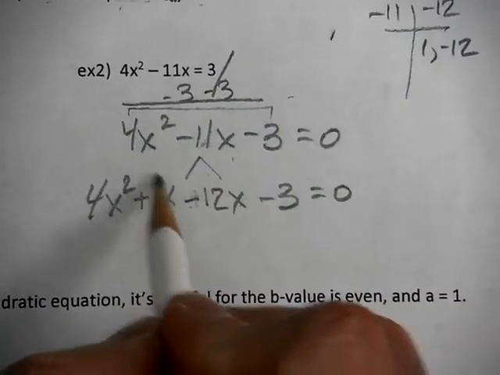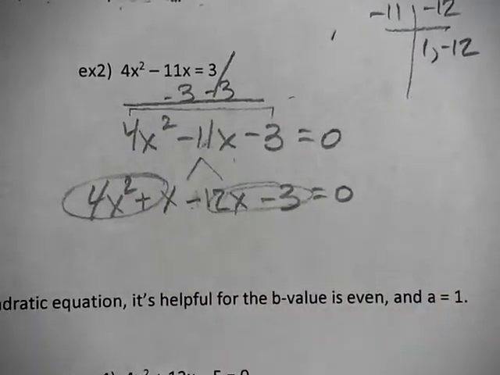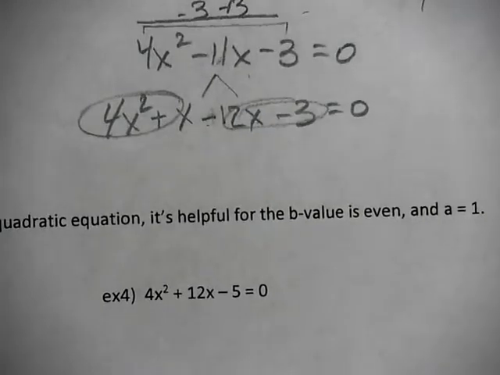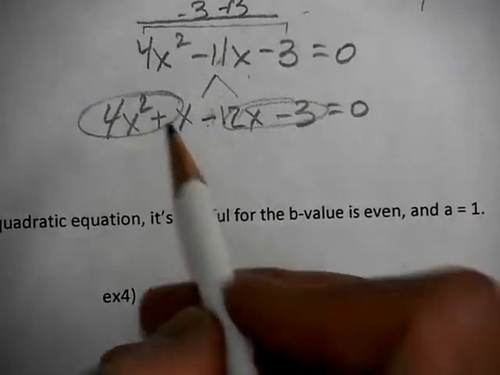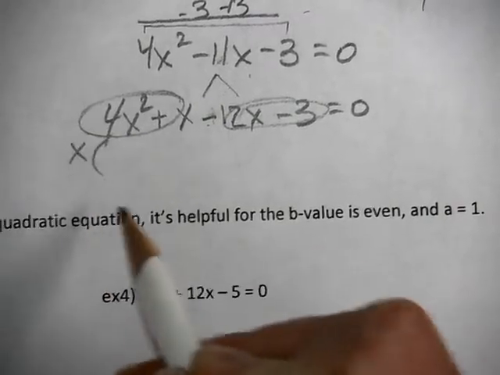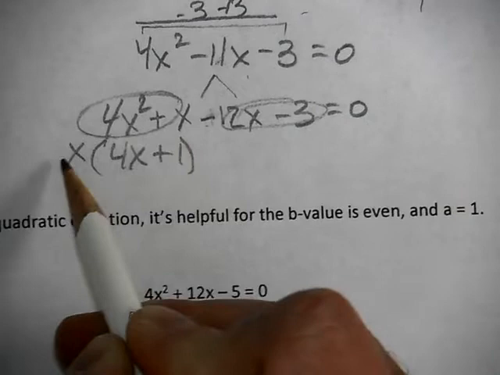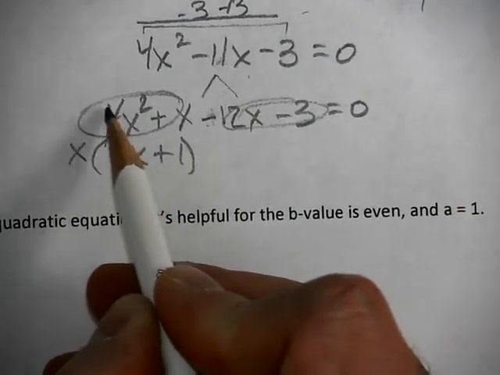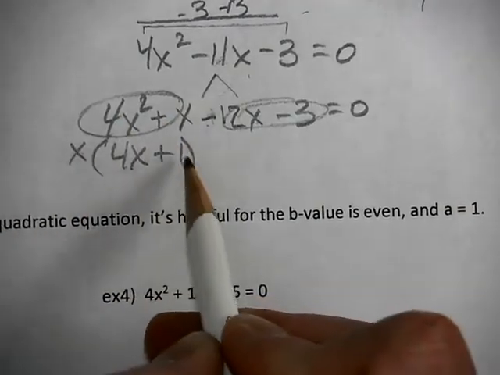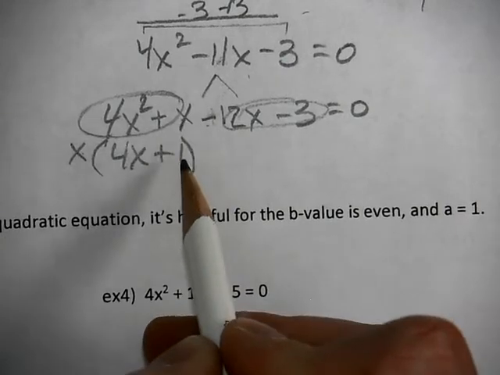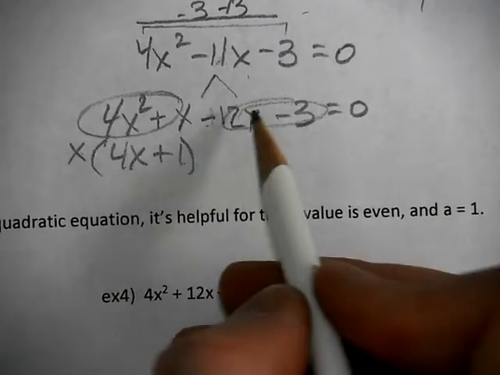We're going to circle both groups because this is called factor by grouping. We're going to group these 2 pairs up. Factor out what you can. That leaves you with the 4x plus 1 on the inside because x times 4x is 4x squared and x times 1 is x. You've got to have this place value holder.